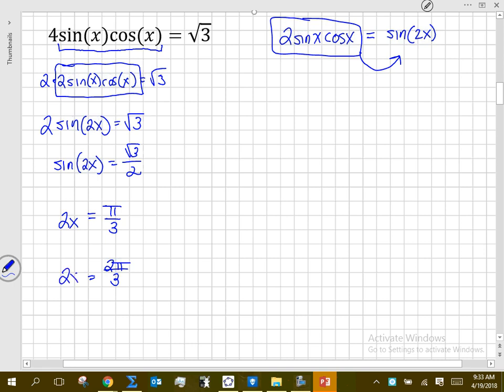We just solved for that 2x argument. Because right now we're saying 2x is equal to pi over 3. If we make that substitution right here, is that a true statement? The sine of pi over 3 equals radical 3 over 2. Yes. So that has to be the 2x over there.